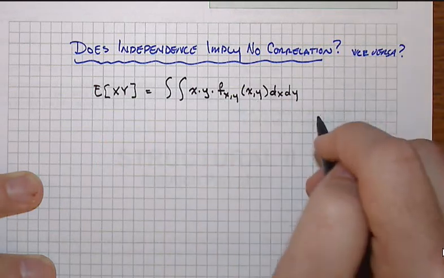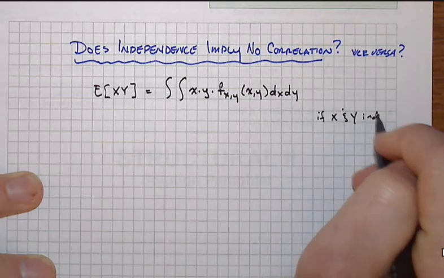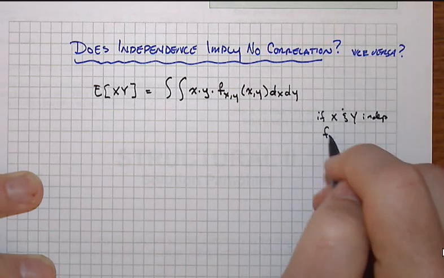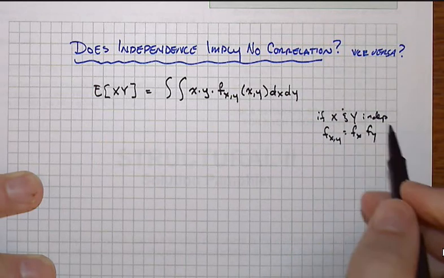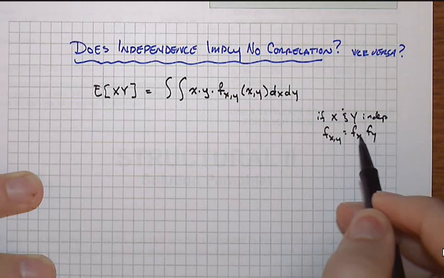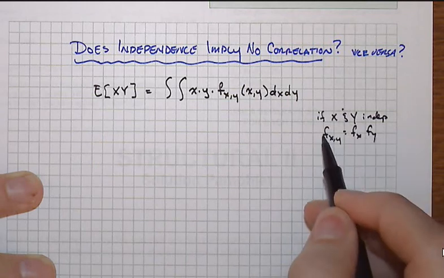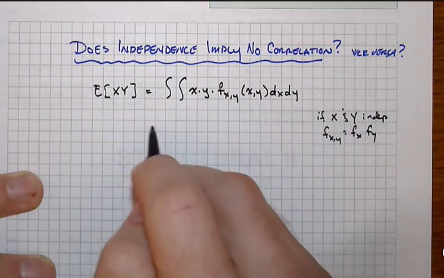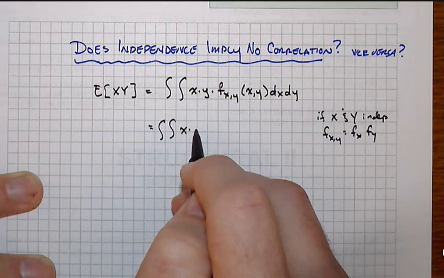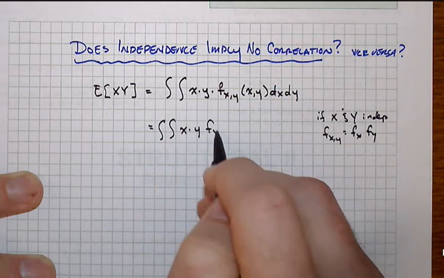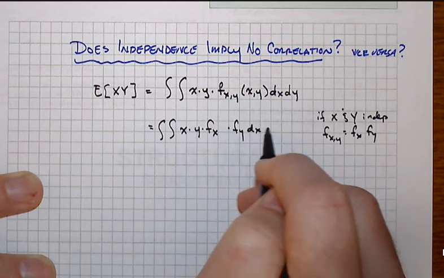Now if X and Y are independent, remember that means that the joint is equal to the product of the marginals. I know I still used f here. The subscripts are all important. These are different functions, so we really have three different functions sitting here. And when we substitute in, we get the integral of X times Y times f_X times f_Y dx dy.